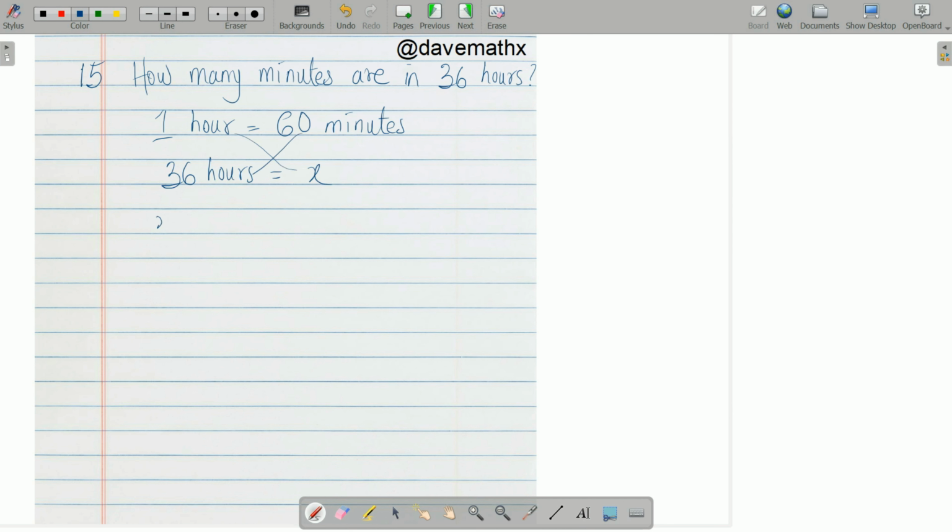Cross-multiplying both sides is what we do. Then we multiply 36 times 60.